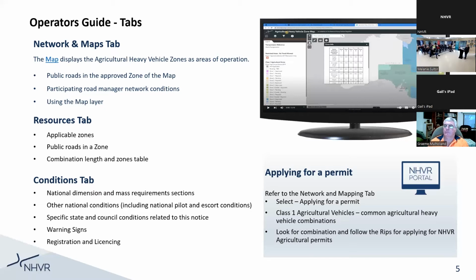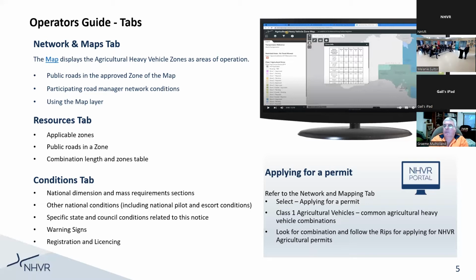The notices are subject to conditions to ensure public safety, asset protection, or to prevent adverse effects on the community, such as noise, pollution, or traffic congestion. Conditions in this tab are broken down into the national convention and national requirements, other national conditions, and this also includes the pilot and escort conditions, specific state and council conditions, a section on warning signs, and also on registration and licence.